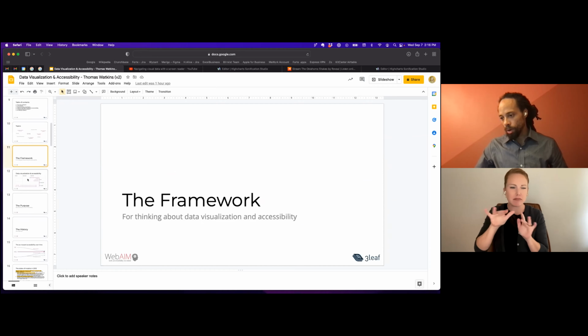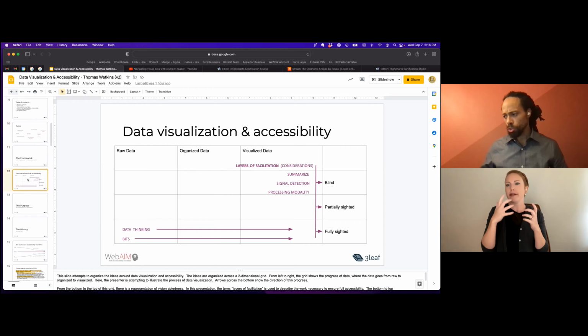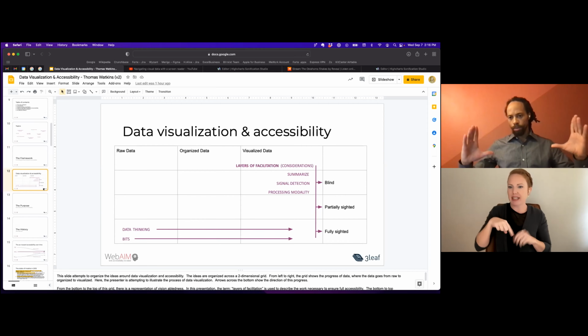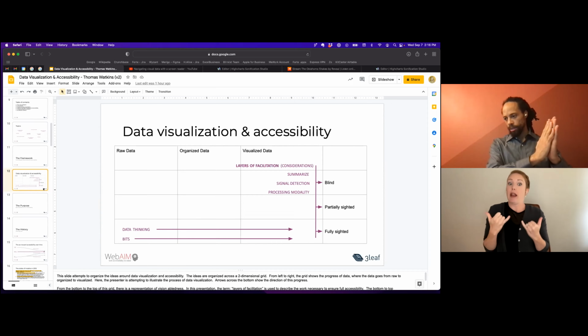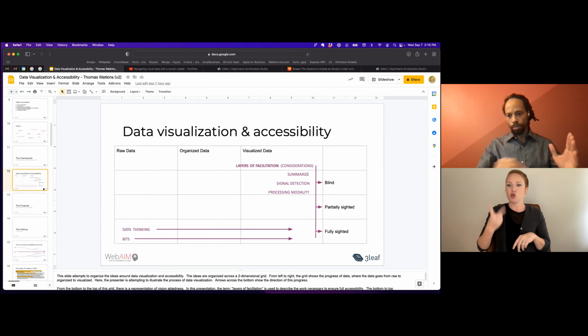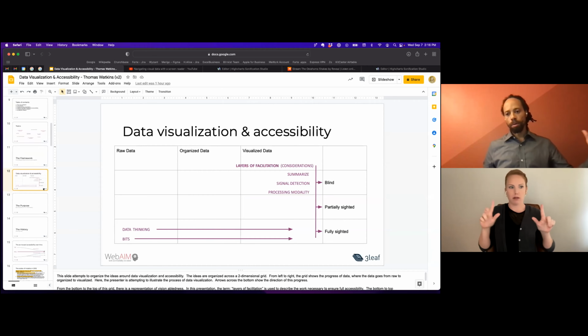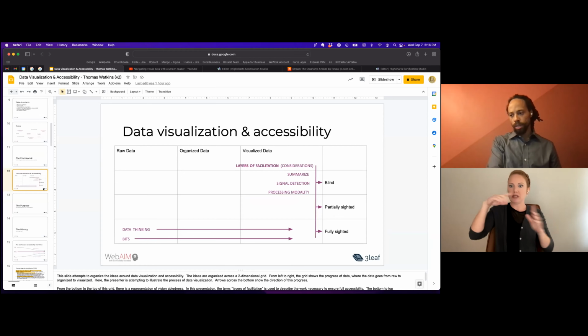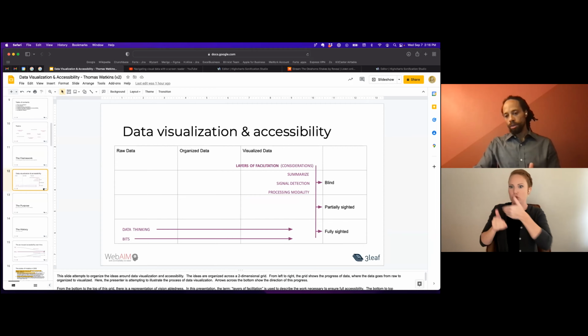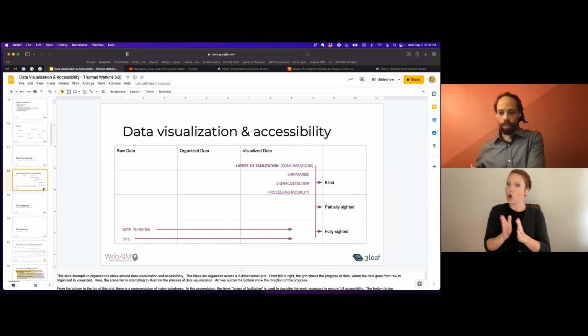So the framework that I want to use for this is, right now I'm showing a two-dimensional table that goes from left to right, bottom to top. From left to right, it's representing progress of going from raw data on through organized data, and then all the way to visualized data.